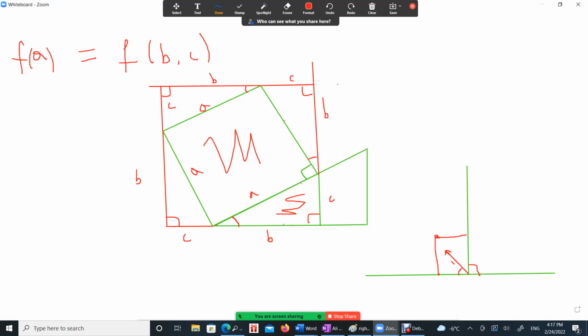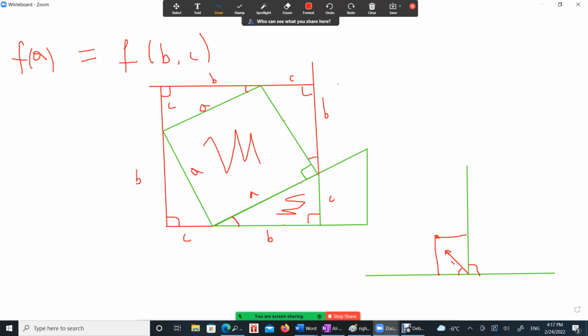But the thing that we have attained is another larger square of side B plus C. And such observation will lead to a certain relationship.